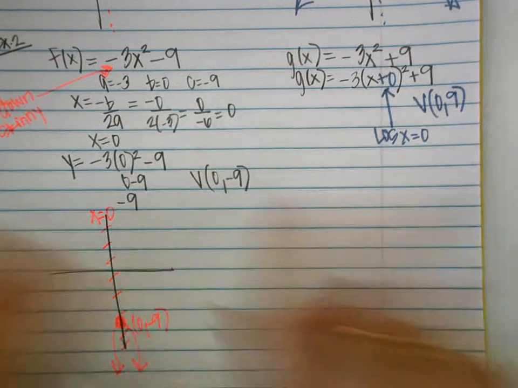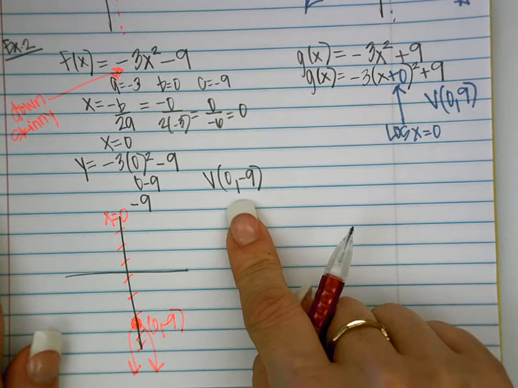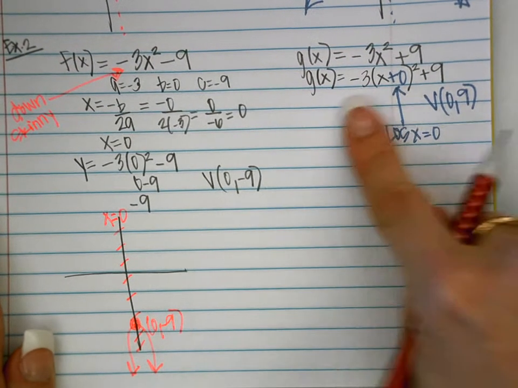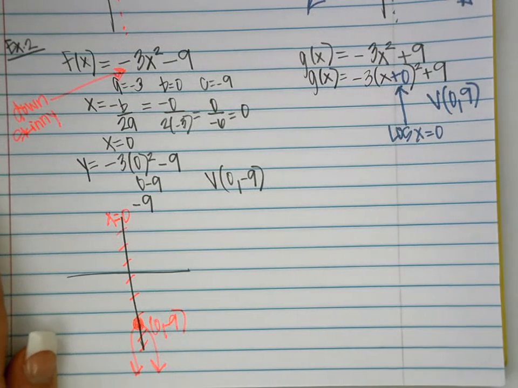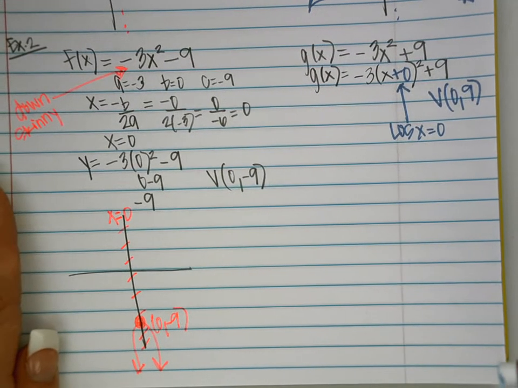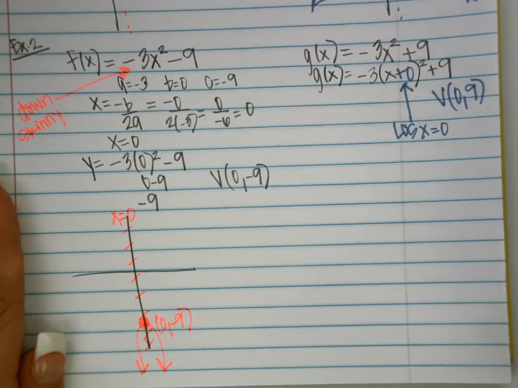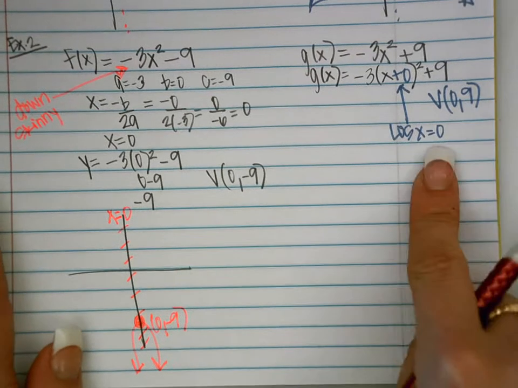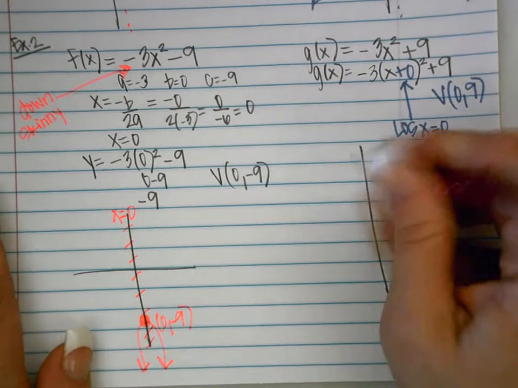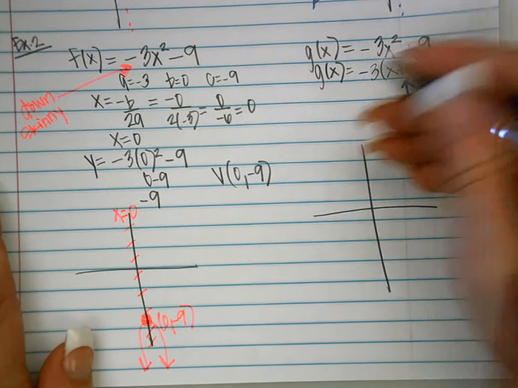So you could use the formula to come up with your vertex, or you could convert this to a descriptive form parabola. It does not matter either way. You'd still get the right answer. Okay? Then once you have these, you can graph it. So line of symmetry is at x equals 0.